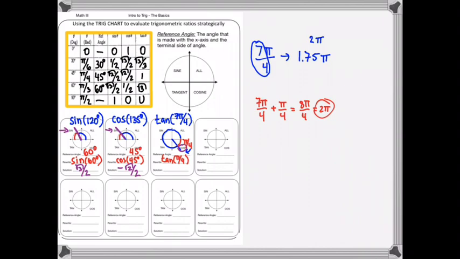And so we know it's going to be negative, because only cosine, and its reciprocal, secant, are positive in the fourth quadrant. And the tangent of pi over 4 is going to give us 1. So the tangent of 7 pi over 4 is going to be negative 1.